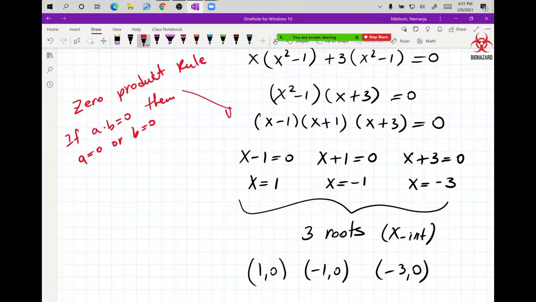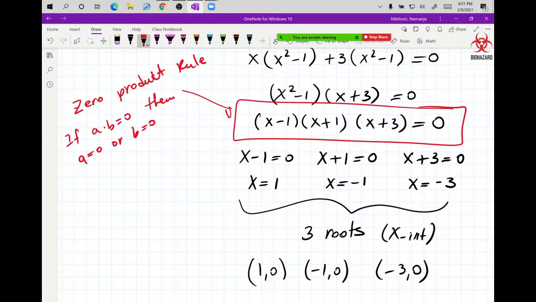This rule lets us, when you have a product of things equal to 0, set each individual factor equal to 0 and solve each individual equation. Now, this is not going to leave anytime soon. You'll have this in every chapter of our book, pretty much, and obviously calculus and so on. So zero product rule and solving equations in this way is very valuable and very frequent. So don't lose sight of it.